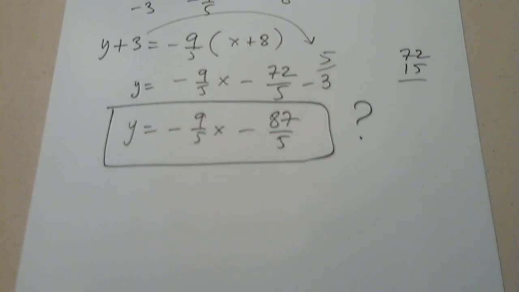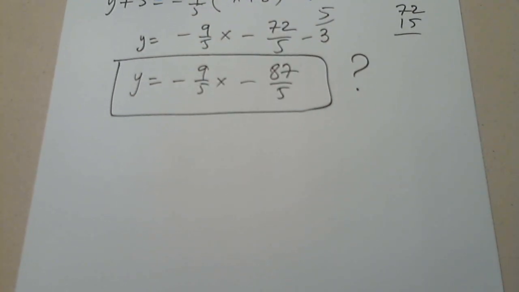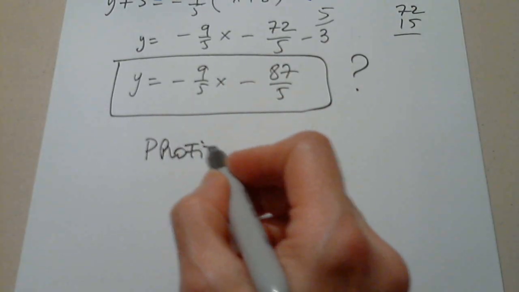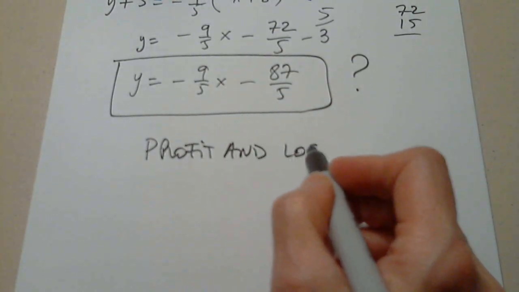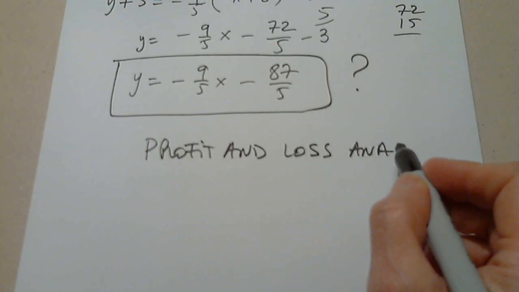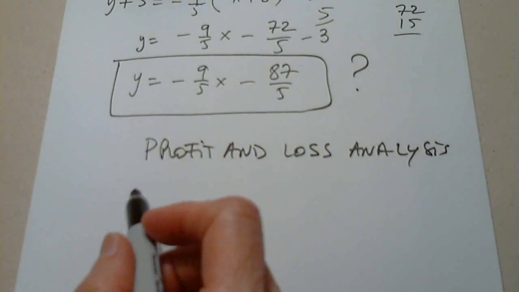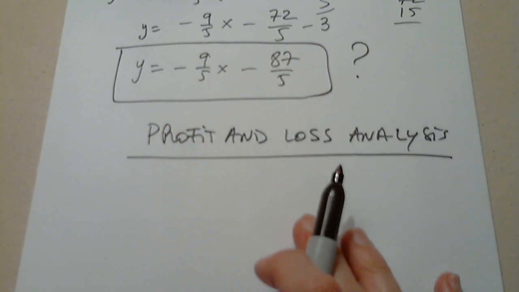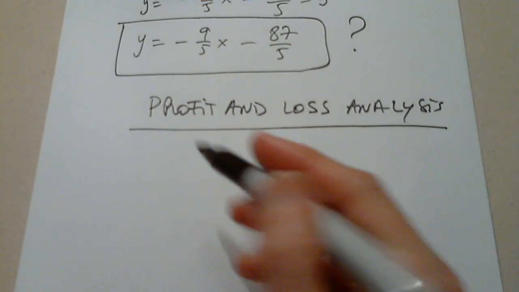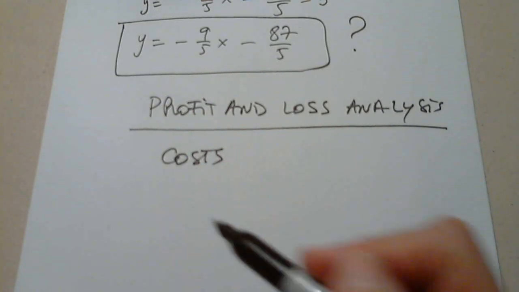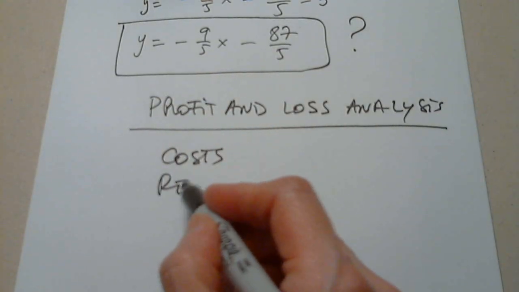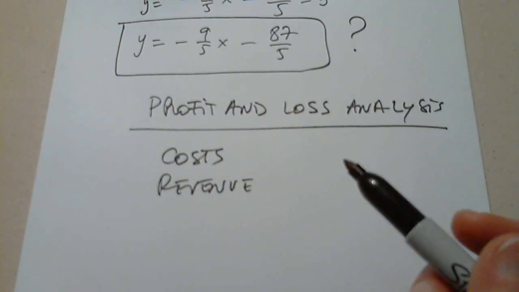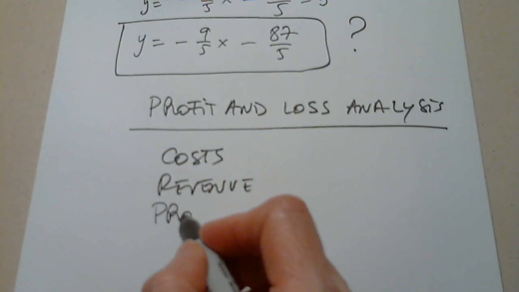I'd like to finish tonight with something called profit and loss analysis. Okay. So when we start a business, we have costs. We hope to have revenue in the sense that we're basically triggering profit.